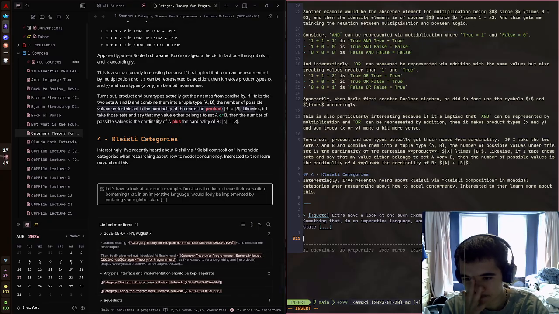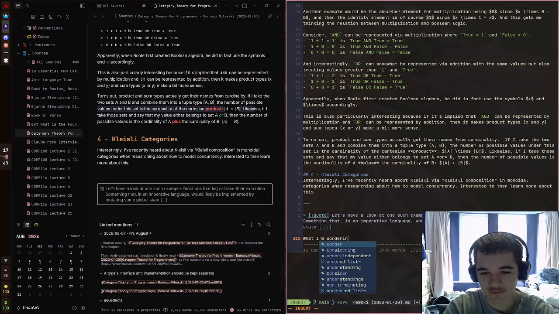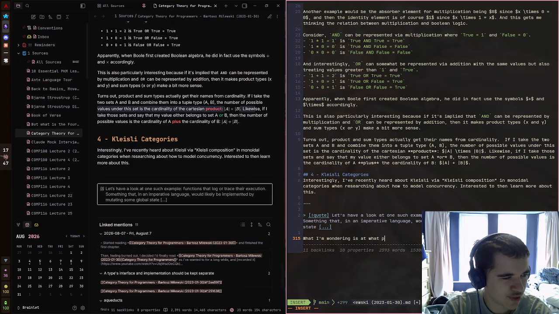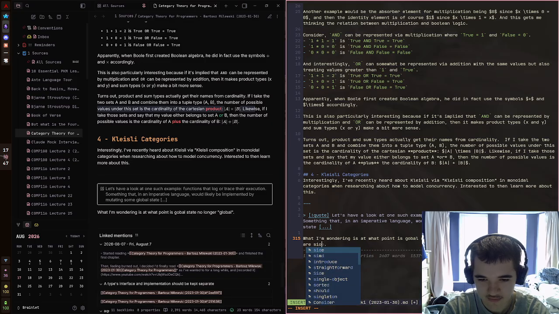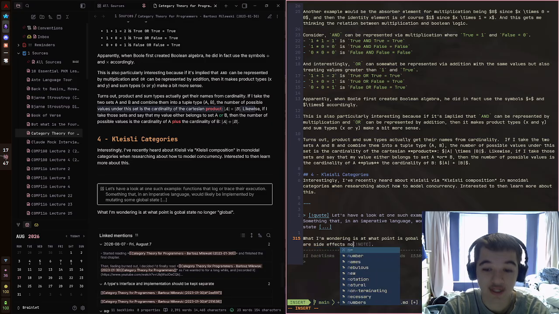Yeah, so what I'm wondering is, at what point is global state no longer global? And thus, at what point are side effects no longer side effects?